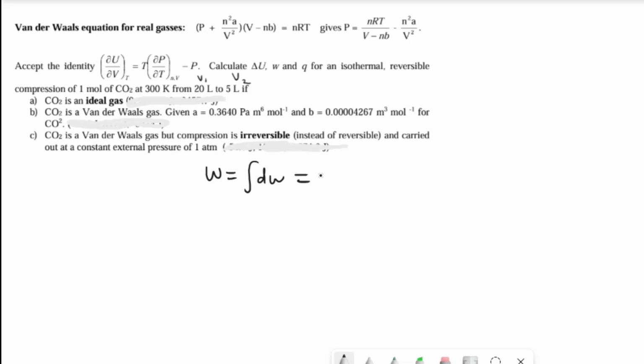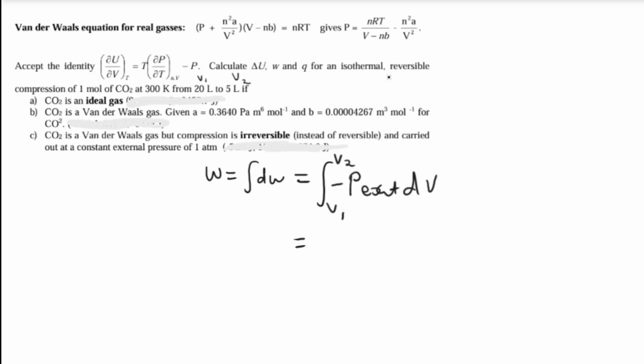And that work, we are going to replace it with minus P external dV from volume 1 to volume 2. We can start here, and then say we're going to replace that P external with what? Remember, they didn't say P external is constant again. If they didn't say it's constant, we don't do that.